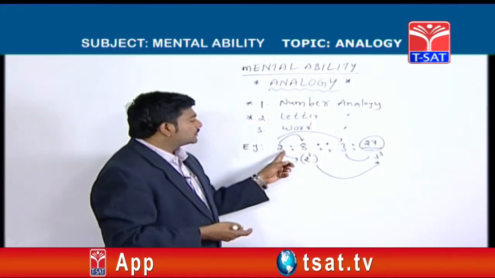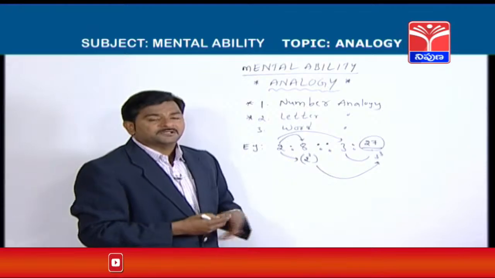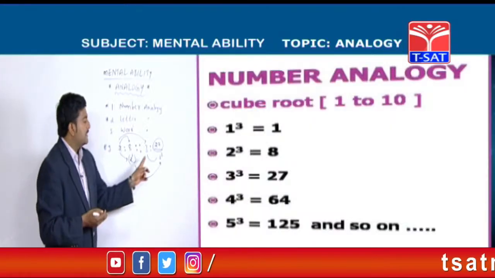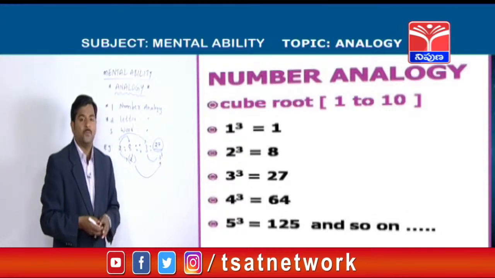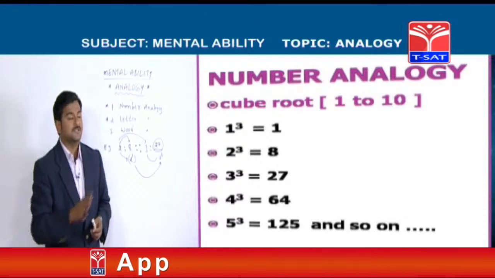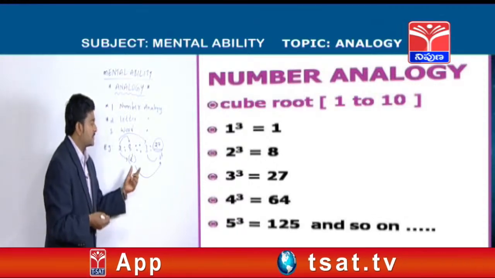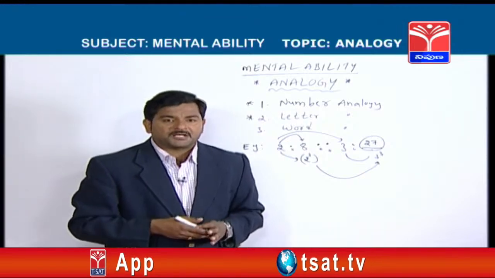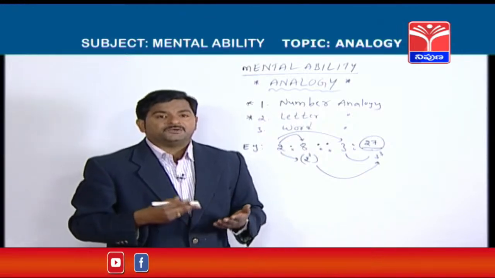What does it mean? 2 is there. The concept involved here is number to number cube. Similarly here, the number is 3, and number cube means 3 cube, which is 27. 90% of the questions from this analogy topic can be solved directly by using this concept. But in rare cases, sometimes we may not get it by using this concept.